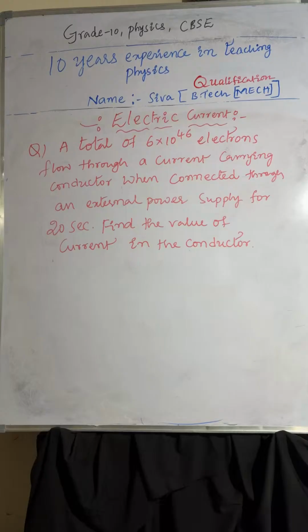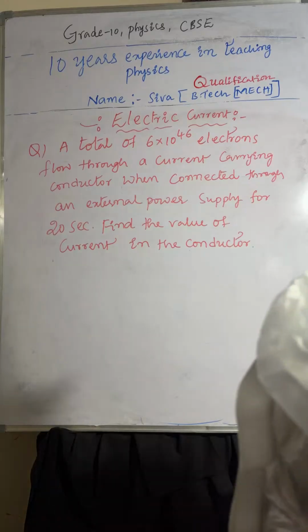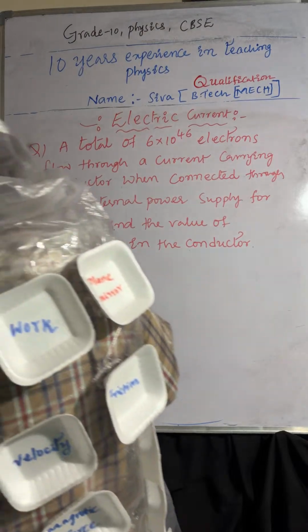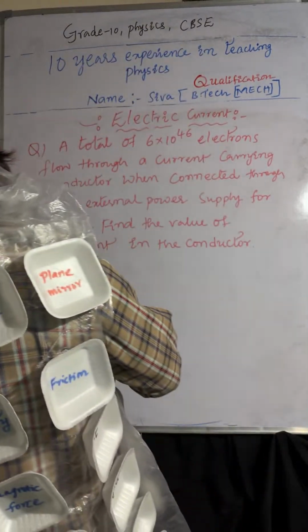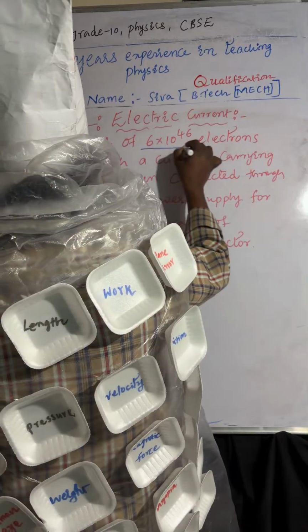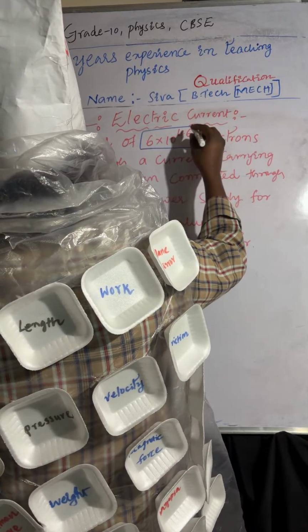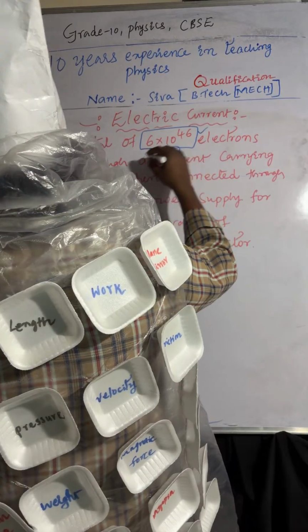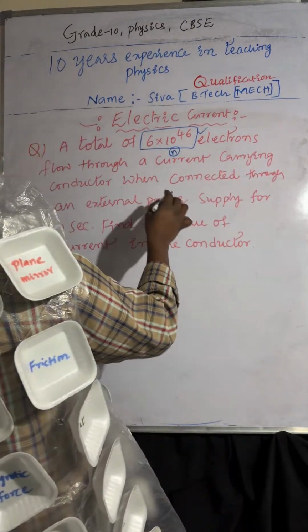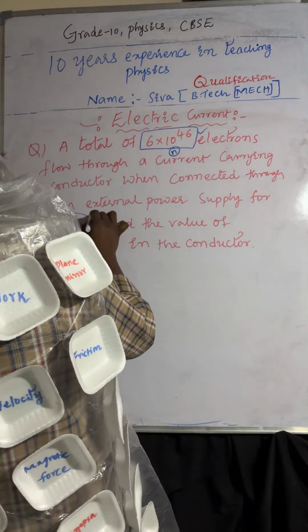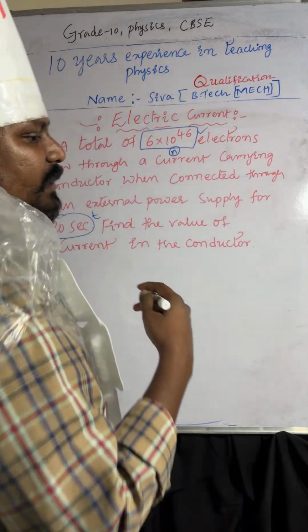So first, here you can identify the data. The given data is a total of 6 into 10 power 46 electrons, that is N is given. And when connected to a power supply for 20 seconds, time is given, T. Find the value of current in the conductor.